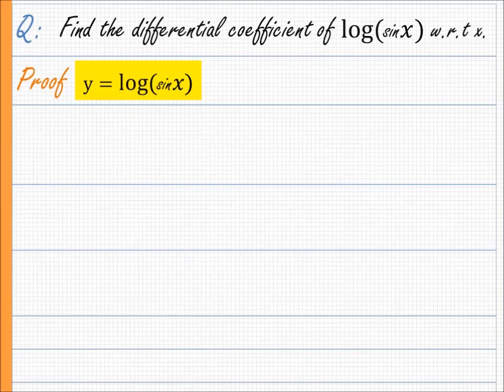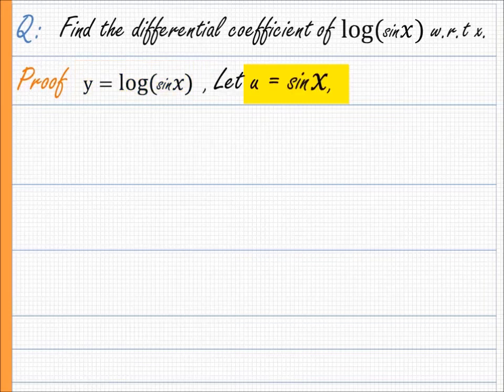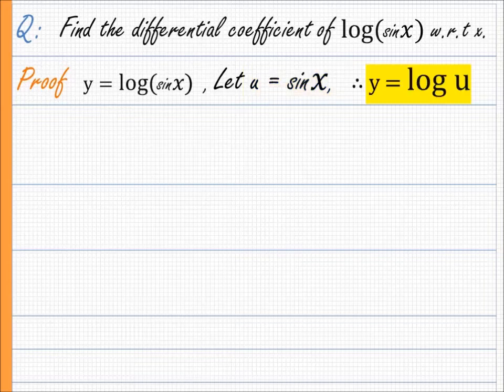If you look carefully at this function, you can see that it is composed of two functions: the first function is log of x, and the second function is sine of x. If we put u equal to sine x, then we have y is equal to log of u, where u is equal to sine of x.